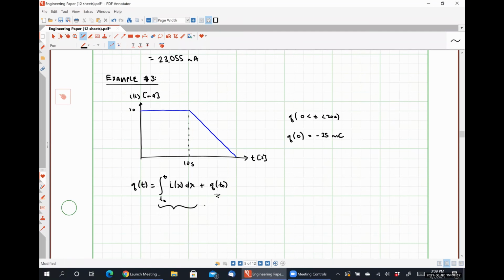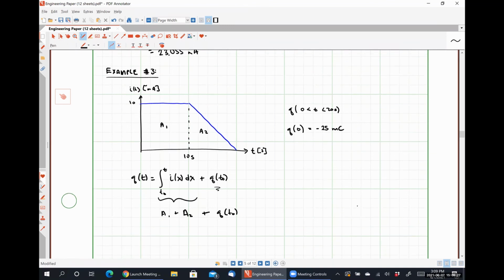So this integral part right here is simply the sum of this guy, which I'm going to call area 1, and this guy over here, which I'm going to call area 2, plus our initial condition, right? So what is area 1?